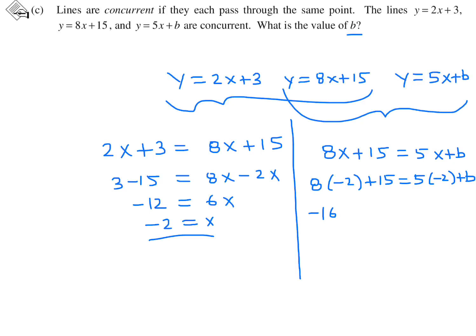So we got minus 16 plus 15 is equal to minus 10 plus b. And this is minus 1 equals minus 10 plus b, and therefore b is equal to 10 minus 1, and therefore b is equal to 9.